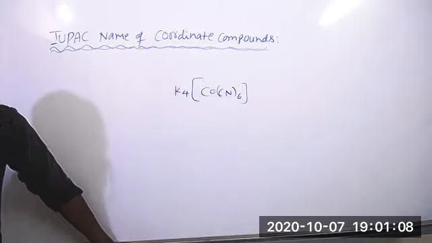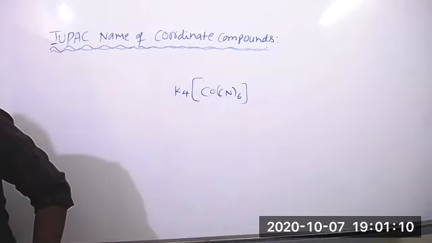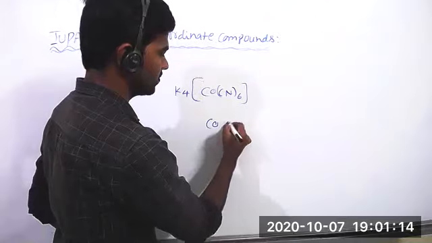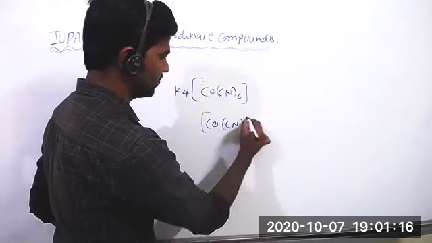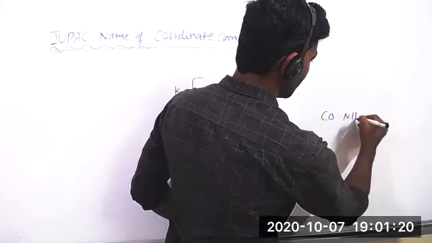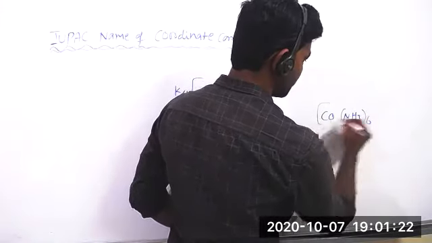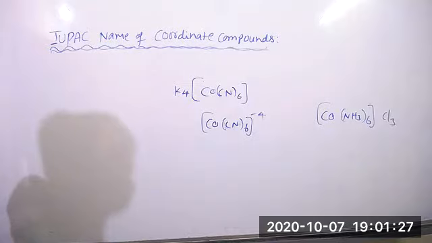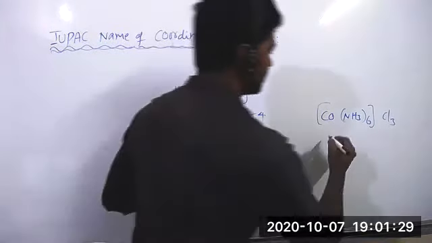Negative charge here: Co(CN)6, charge -4. Here is another complex: Co(NH3)6 Cl3. Here the complex is carrying positive charge, +3.